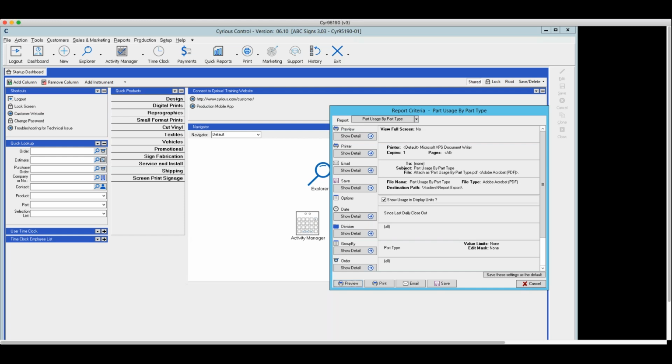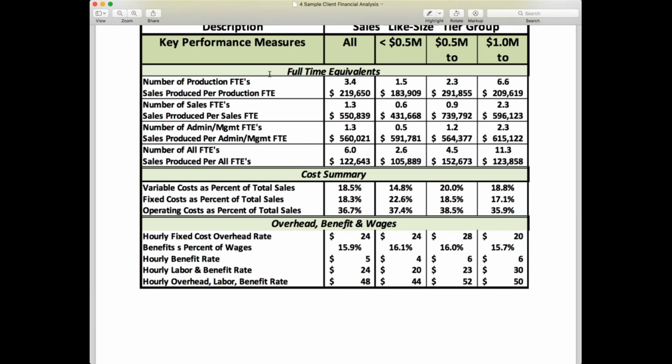Let me look. I think. Okay. Let me go back to the. I want to make sure that I'm following. What this is saying is that each FTE in sales, there are 2.3 in this $2 million bucket here.